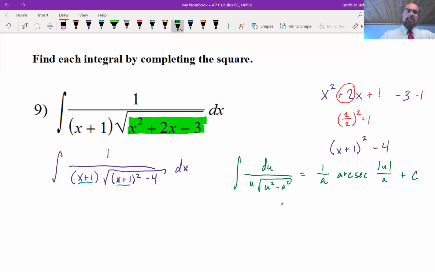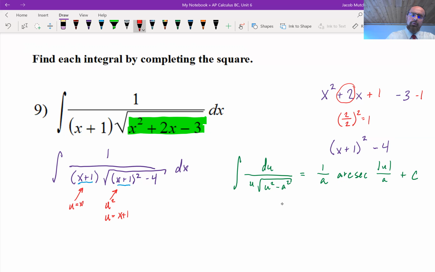So we just want to check and see if we've got the parts that are established here. So my u squared, I'm going to check that one first, is x plus 1 squared. So that means if I take the square root, u is going to be x plus 1. Well, I'm in luck because I needed that u repeated out front, and that's exactly what I've got there.